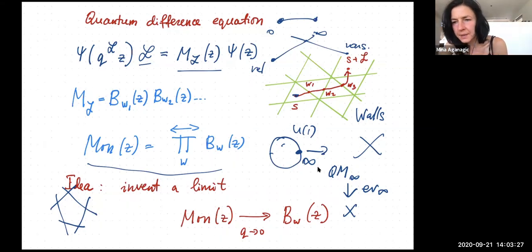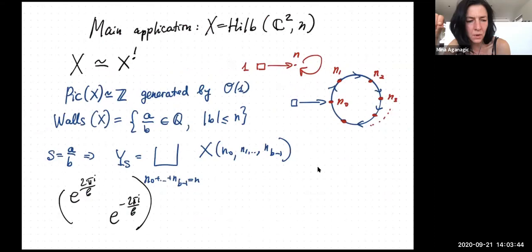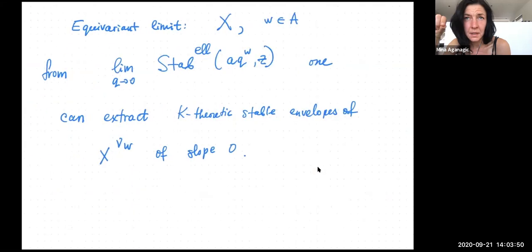So Yakov, the subvariety you get is, you're taking the limit in equivariant variables of x. Yes. And so the subvariety you want is the one that's fixed by what?